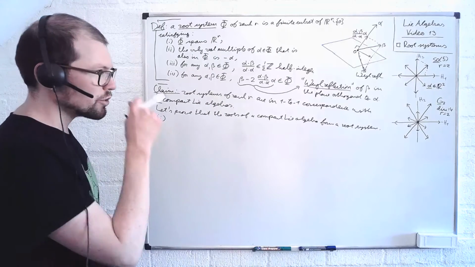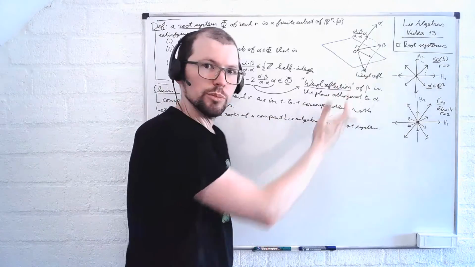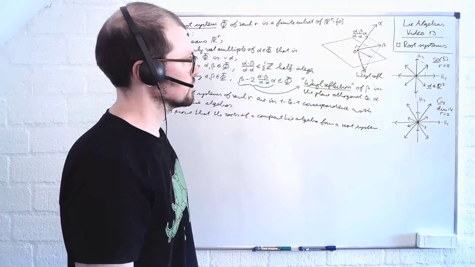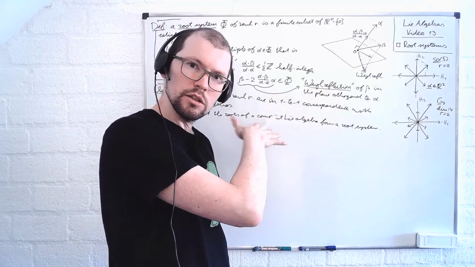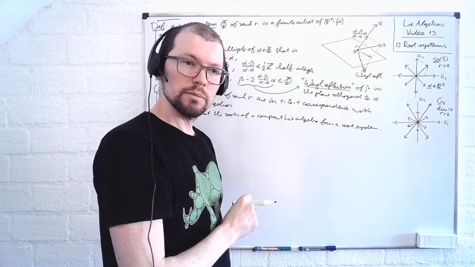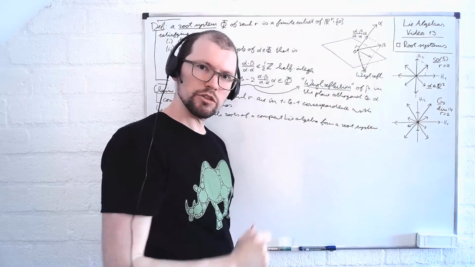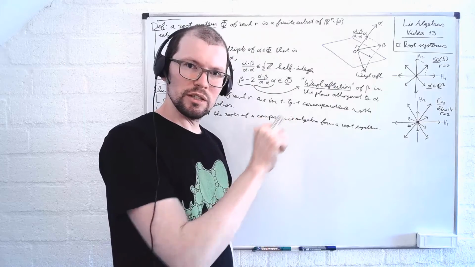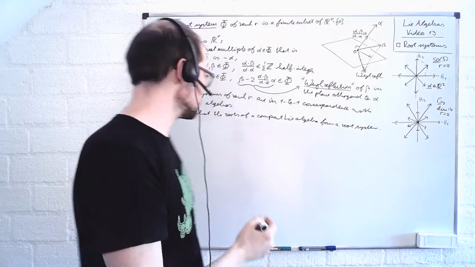So let's use a contradiction argument. Suppose that our roots do not span this space. If they do not span this space, it means they span a lower dimensional subspace. And whenever you have a lower dimensional subspace in some vector space, you can always find a vector that is perpendicular to the whole subspace.